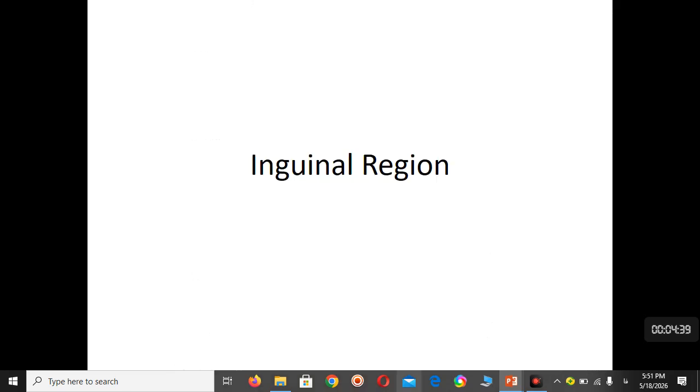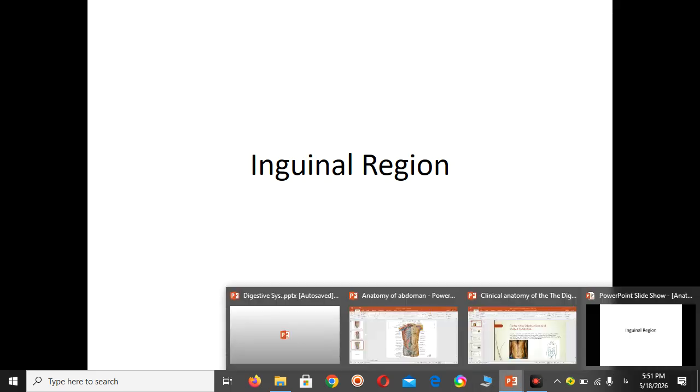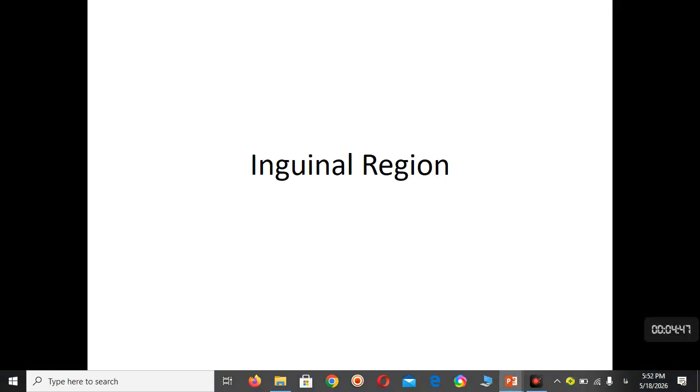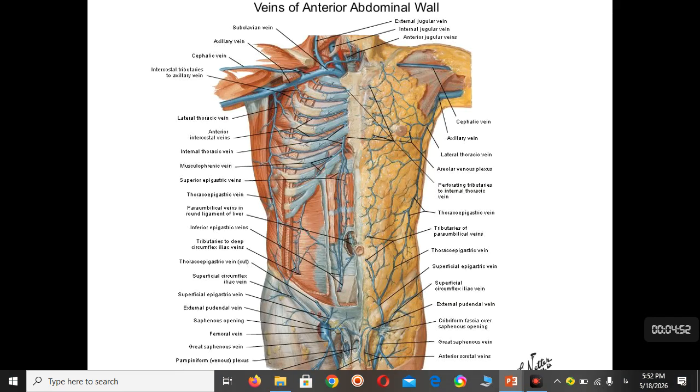One group is the anteromedian. Here we have the rectus abdominis muscle, and the second group is the anterolateral.